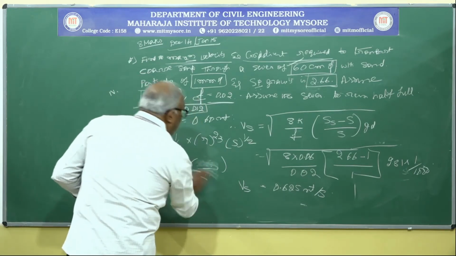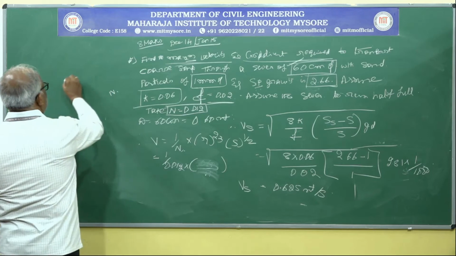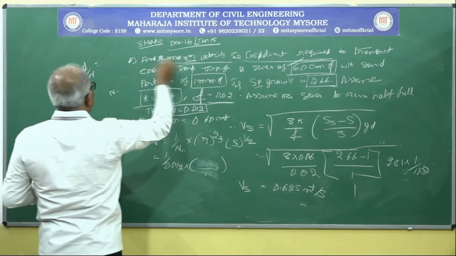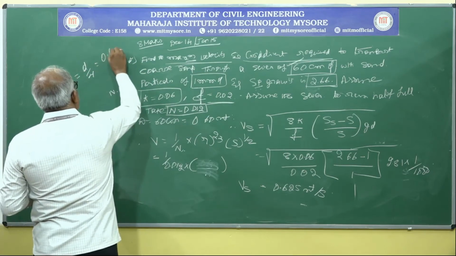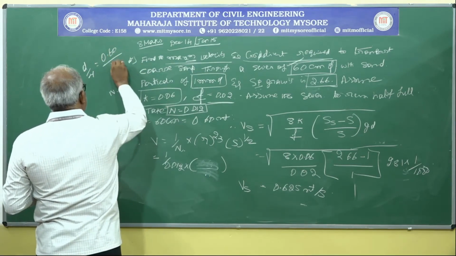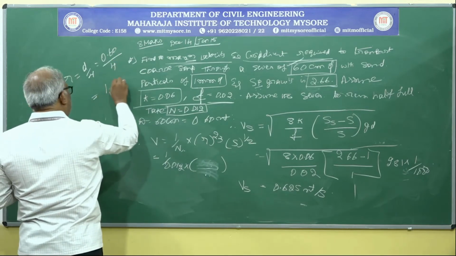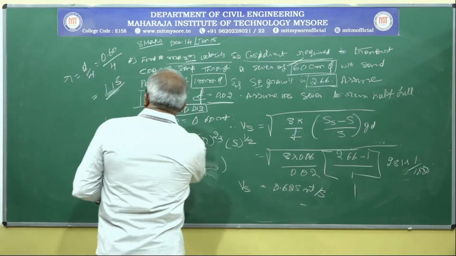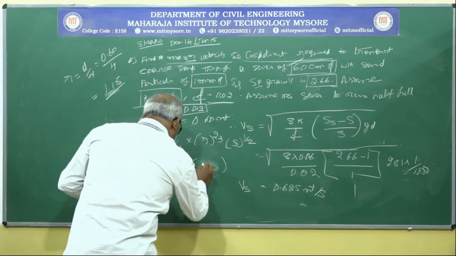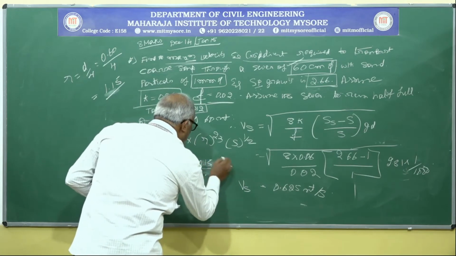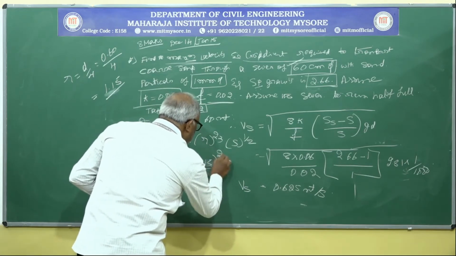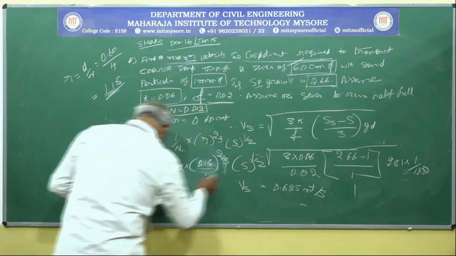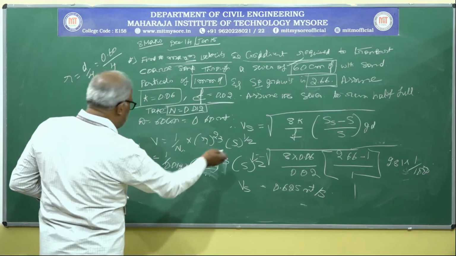Separately we can calculate this r, d by 4. According to the problem, the value of d is given, 0.6 divided by 4. Finally I get 0.15. So directly you can substitute the value of r, that is 0.15 to the power of 2 by 3, and s to the power of half, because we have to calculate the slope.